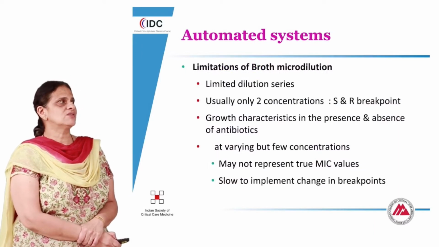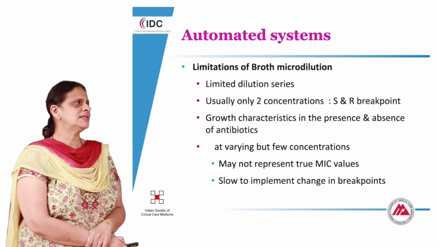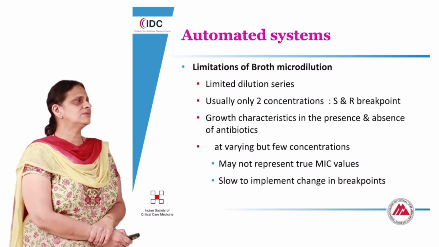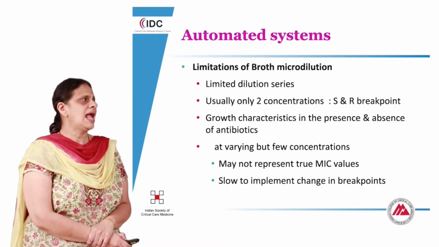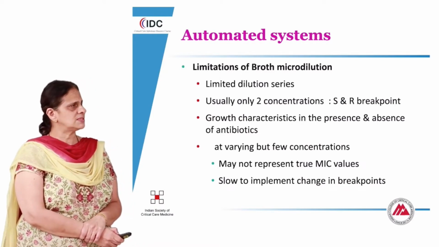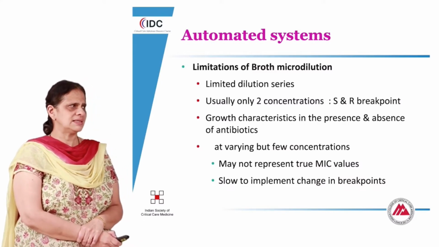The limitations of broth microdilution or the automation methods are, you tend to have a limited dilution series. Sometimes you would only have two concentrations, the susceptibility and resistant breakpoint. And then sometimes in some systems, the growth characteristics may not actually represent true MIC values.